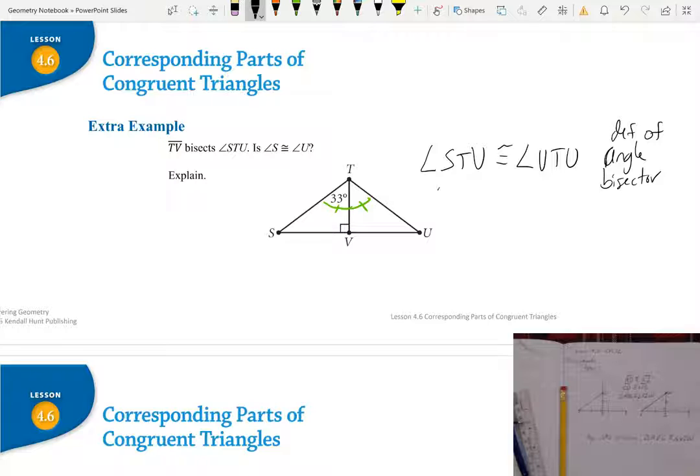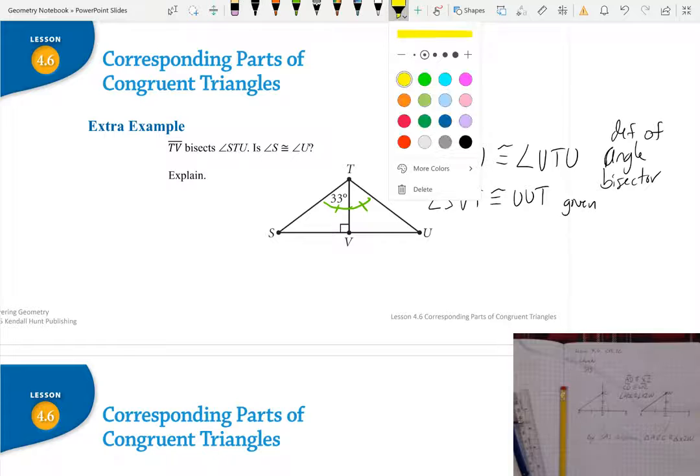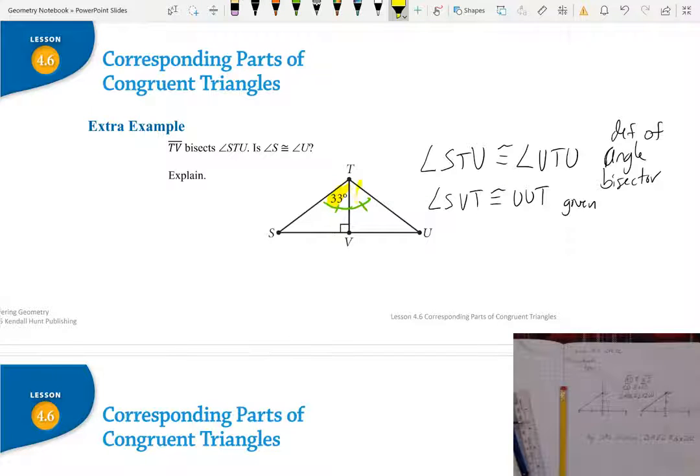We know that angle SVT is congruent to angle UVT because it's given, right? They're both 90-degree angles. Okay, so these angles are congruent to each other, and then these are congruent. Okay, but also look at this side right here, right? So TV is congruent to TV, same segment.